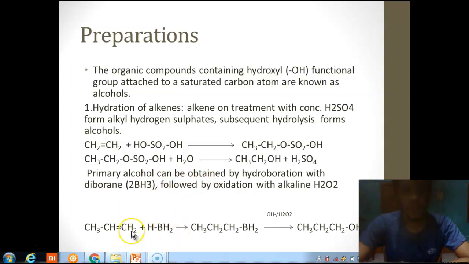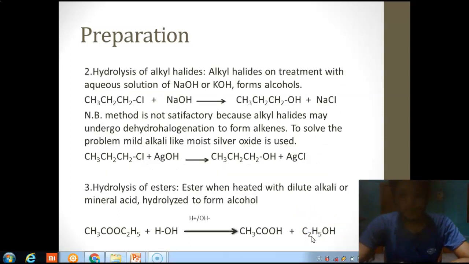With diborane, if we treat alkene, we'll get this one first, and upon treatment with alkaline H2O2, which will cause the oxidation, ultimately we will get the primary alcohol.